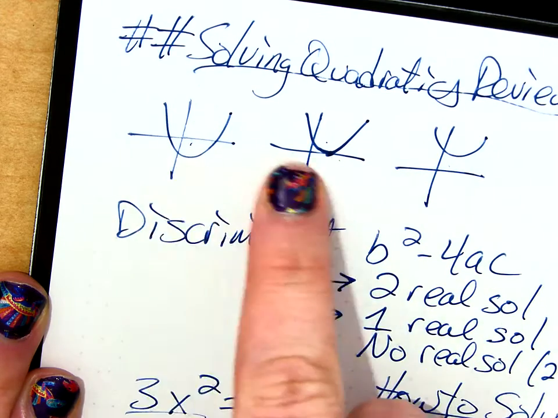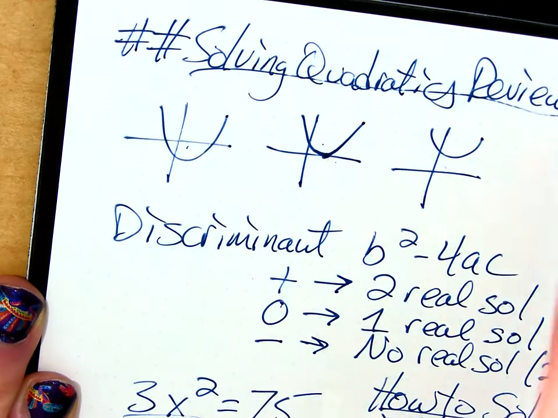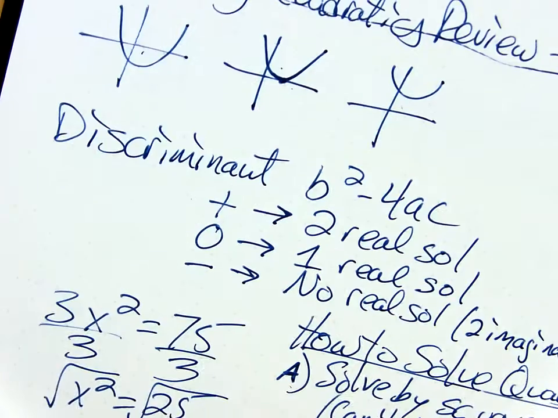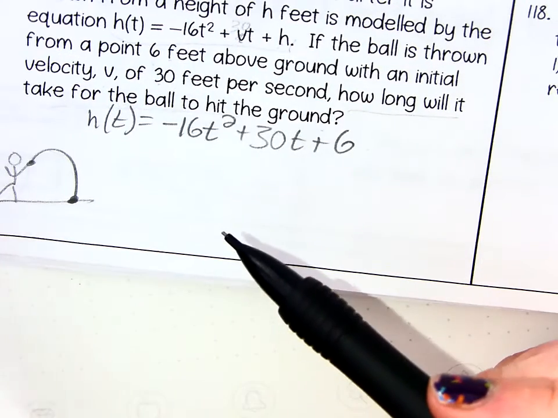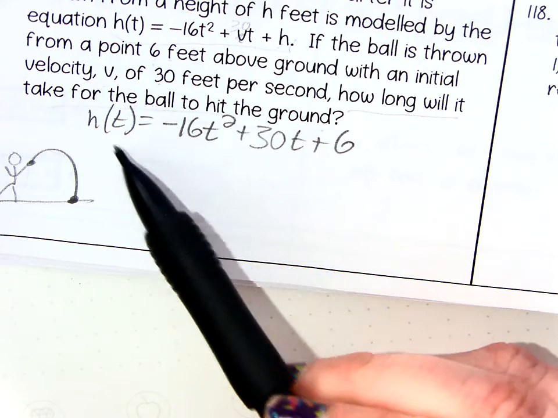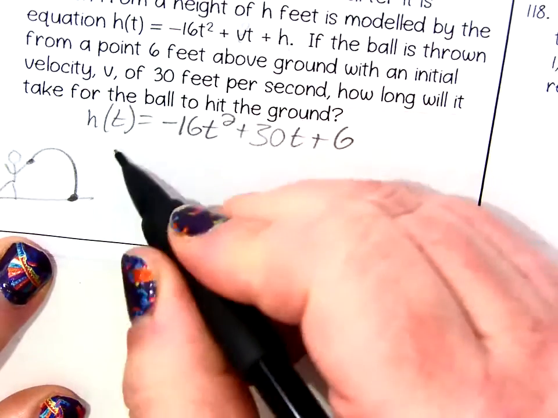And so to find that location, didn't I solve the quadratic? That's all you're doing. I just have to now solve this quadratic. Well, when we were solving quadratics, the whole thing was equal to 0. Do you think that the height would be 0 when it hits the ground? Yeah, so I'm just going to replace that with a 0.